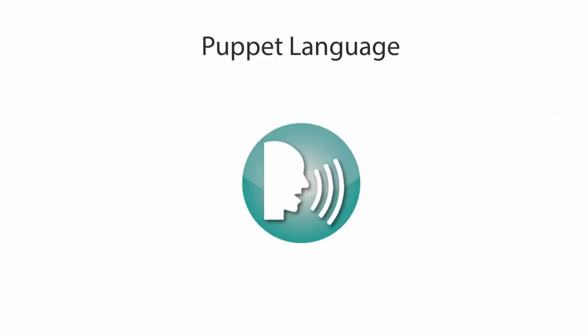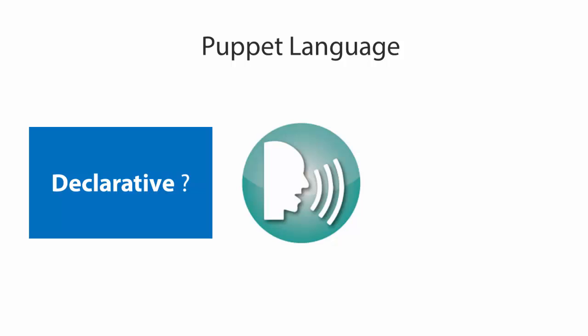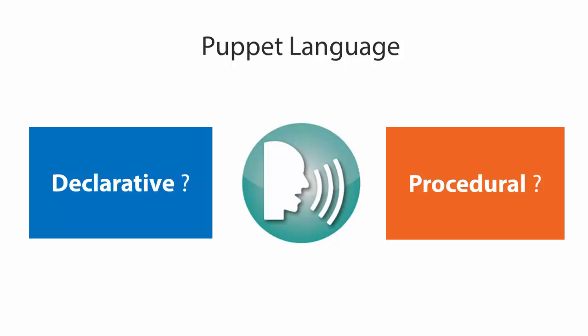Puppet language. When we use Puppet, normally we have to consider the character of the Puppet language. In the language, there are two concepts, declarative and procedural. In the case of Puppet, normally we have to use a declarative language. Then, what is the difference between declarative language and procedural language?